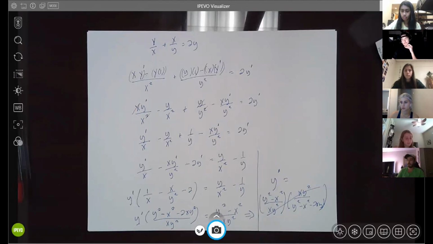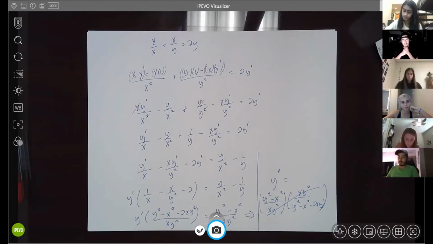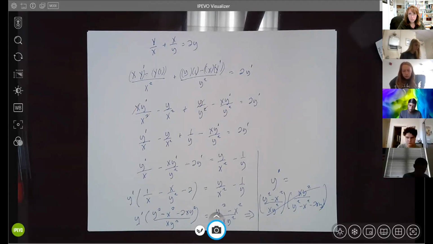Let me do a new screen share. Okay, come on. Cut that out. See if I can get to a new screen share. Oh, goodness.